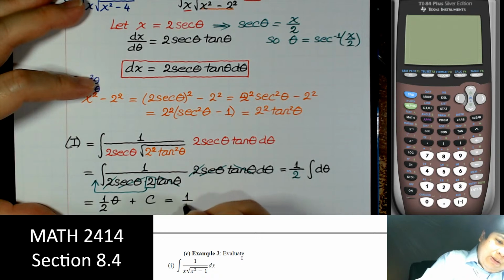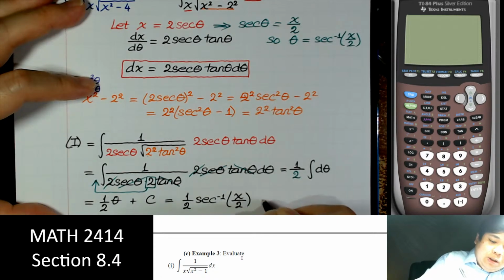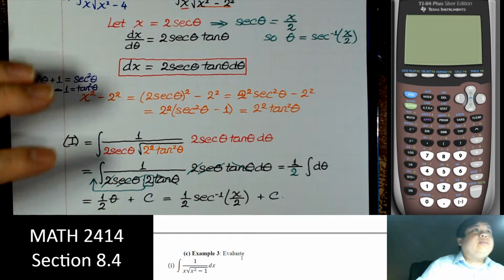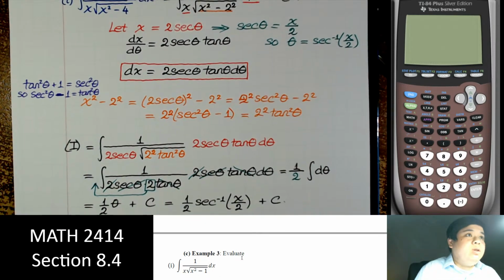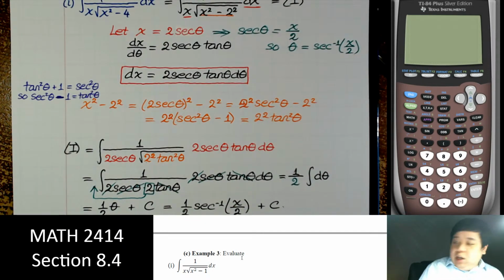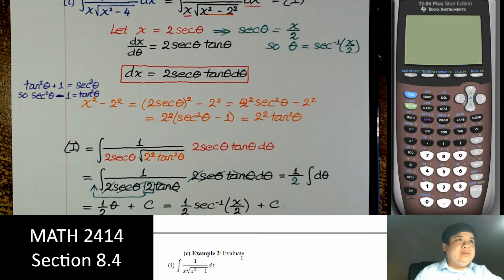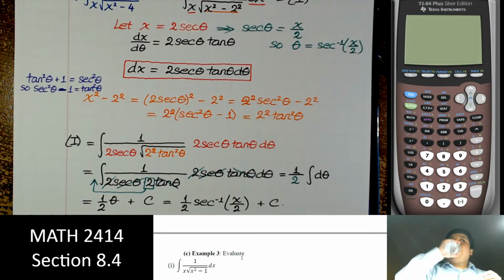So we have 1/2 secant inverse of x over 2 plus c. Right, it's not that bad. It will be kind of difficult for this kind of problem to fit into one screen. Yeah, but it's not that bad. Just that.